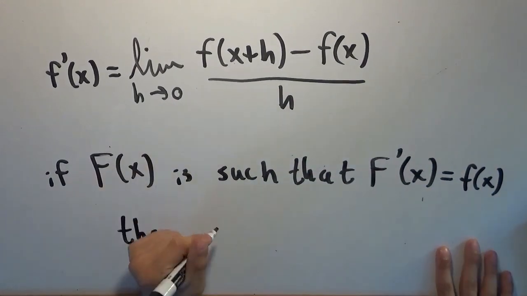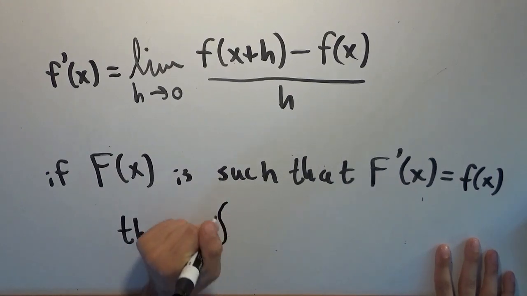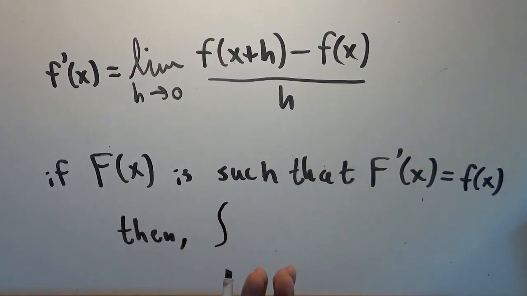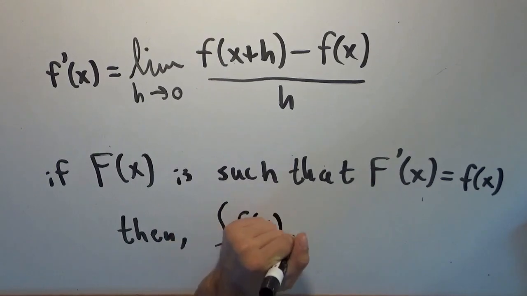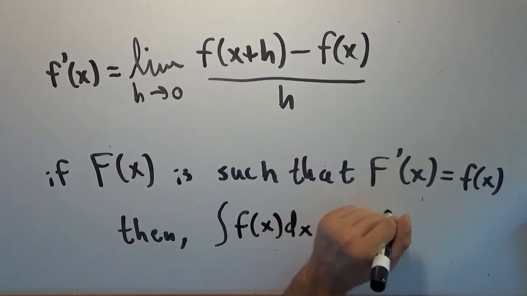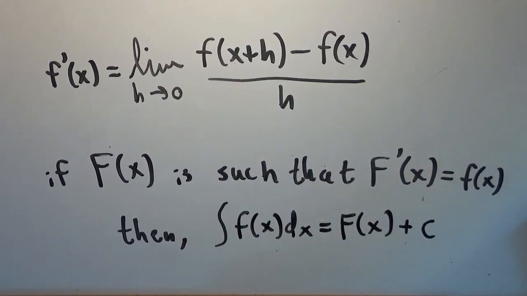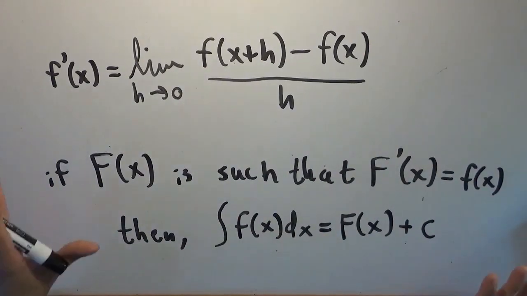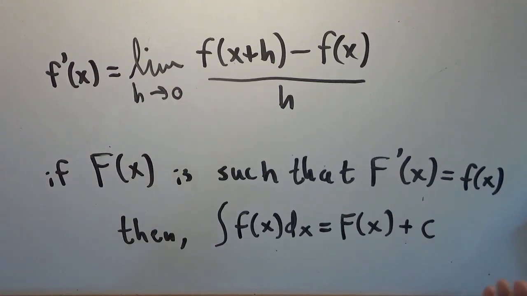Then we say that the antiderivative, or the sum over all the values multiplied by an increasingly tiny little interval of this function little f of x, is equal to capital F of x plus some constant. Right? Okay, so if you're a high school viewer and you haven't done calculus yet, and you don't understand what I'm saying here, it's totally fine. You don't need to worry about it.